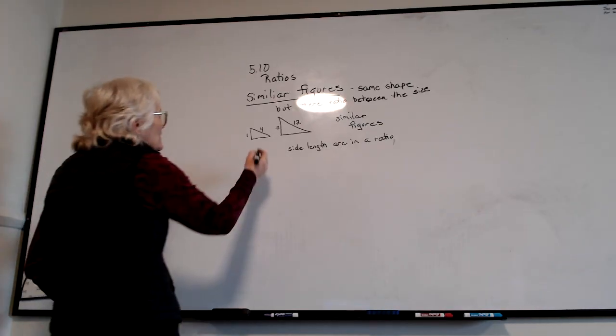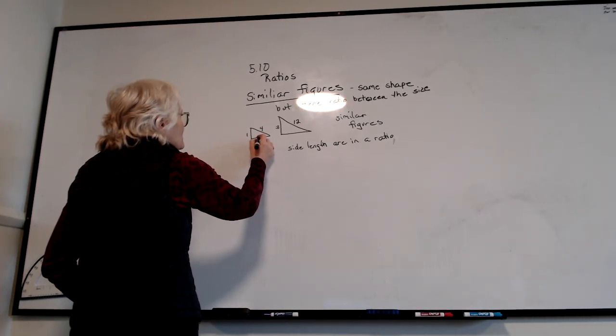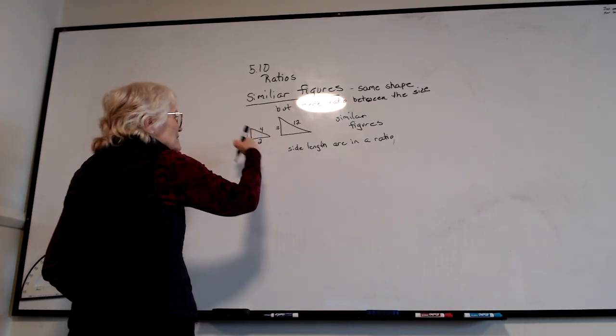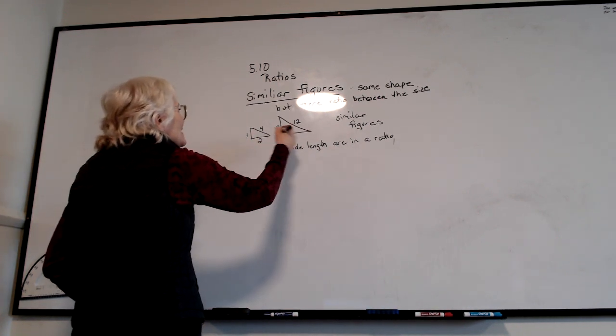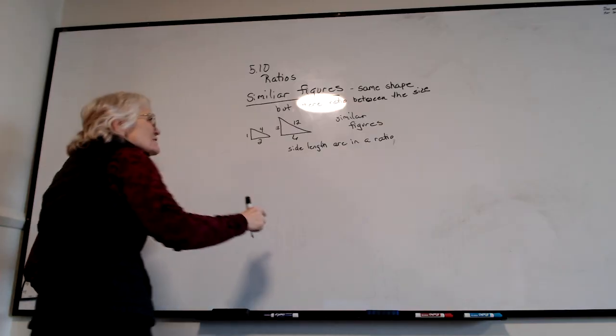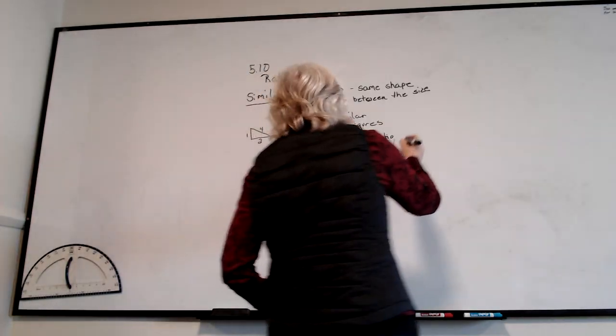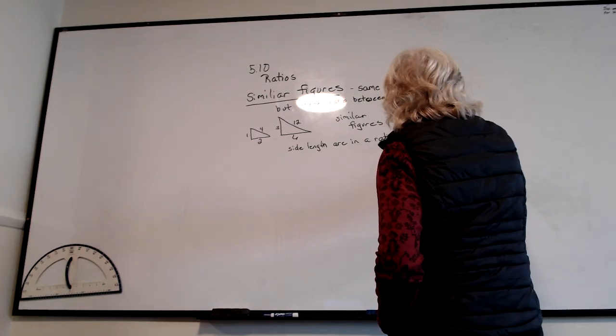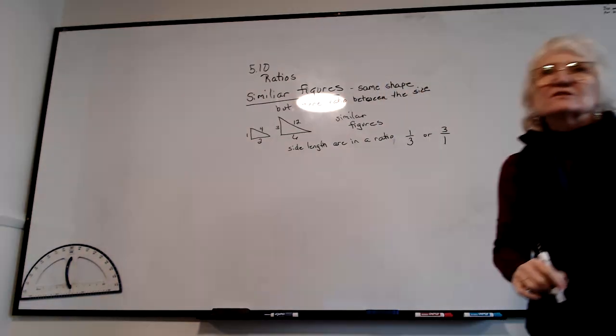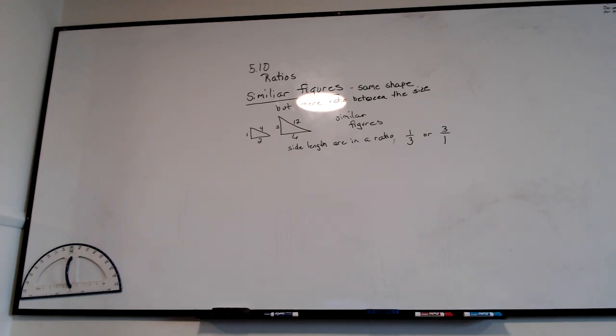And if this one were 2, by the way, this does not work in a right triangle, so this triangle is not right, 2 times 3 would be 6. So the ratio of their side length is 1 to 3 or 3 to 1, depending on how you're describing it. The bigger to the littler, the littler to the bigger.